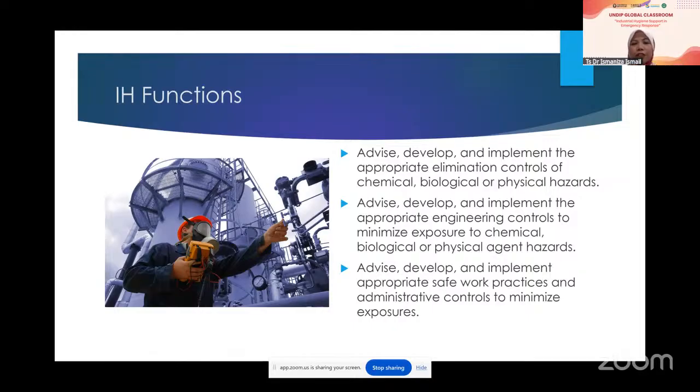Function number six is engineering control. If we cannot remove it, we control it. We may use ventilation, isolation, or barriers. Basically, controlling the hazard without relying on humans to behave perfectly. Because when you put up a barrier, it stays there.